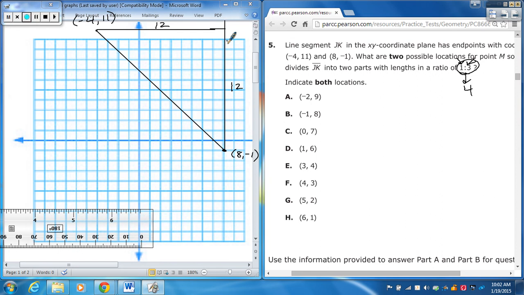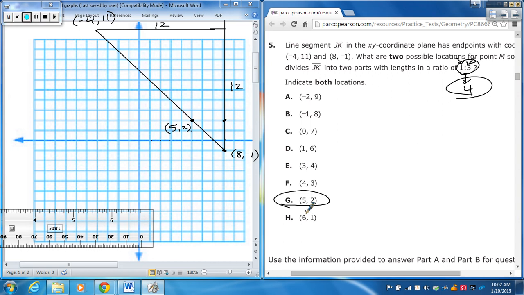Now, if I'm going to try to figure out where this point's going to divide the segment in the ratios 1 to 3, I'm going to divide both the rise and the run by the total number of segments that we have present. So if I divide 12 by 4, I get 3. 1, 2, 3, make a point. Divide the run by 4, I get 3. And this point here, 1, 2, 3, 4, 5, up 2, 5, 2, is the location of one of the points that's going to break that segment up in the ratios 1 to 3.